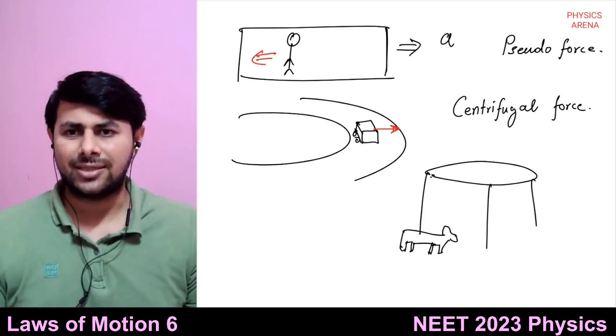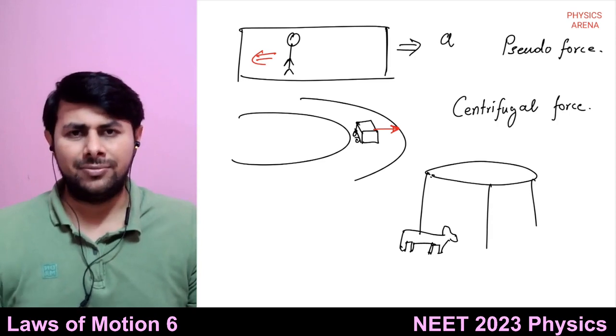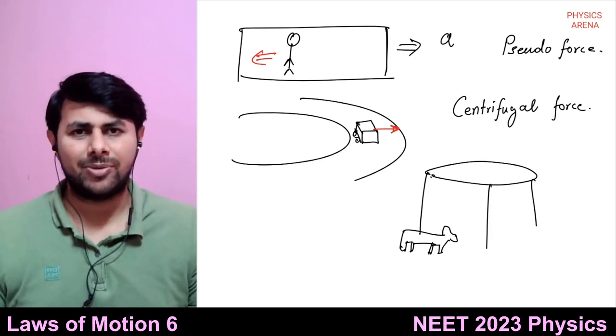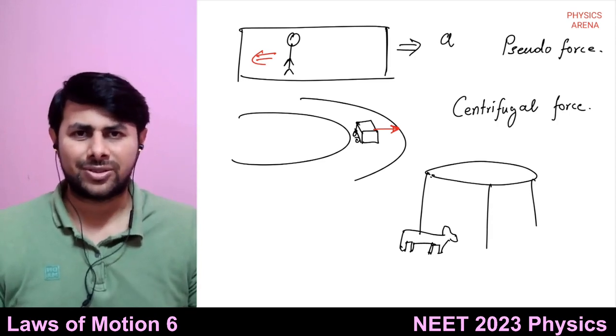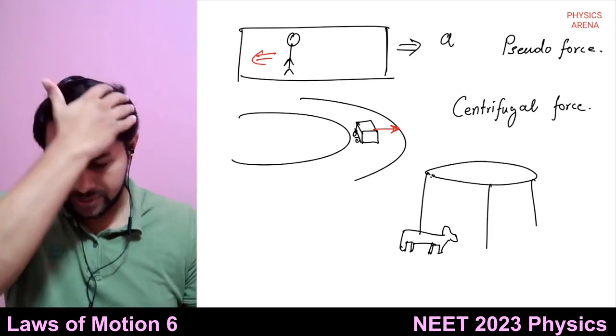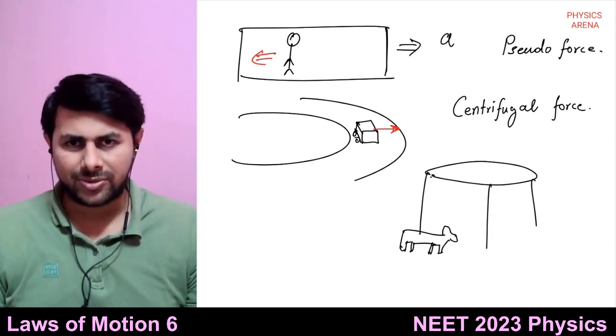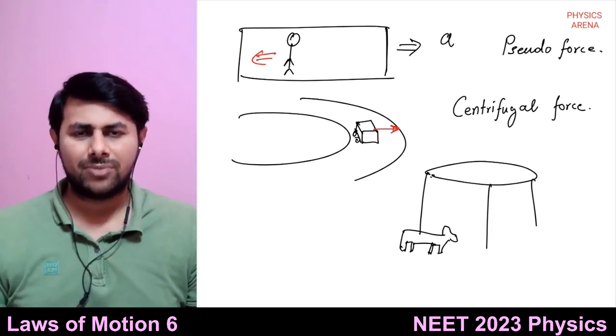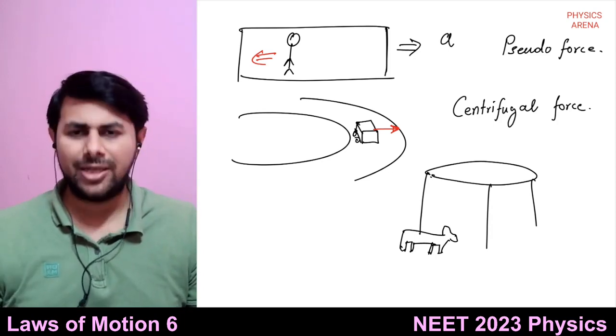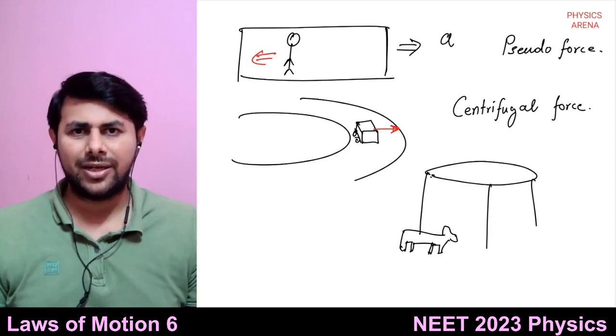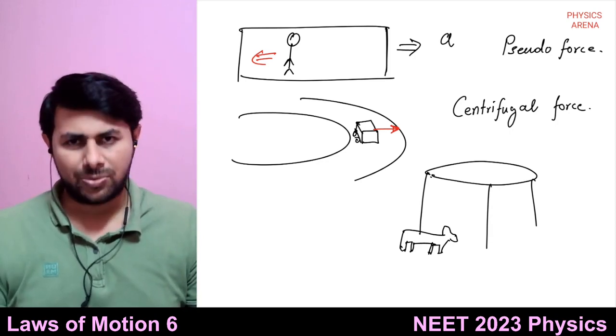This motion is accelerated motion, and Newton's laws are applicable for inertial observers. If a non-inertial observer wants to explain the motion, he has to take the help of pseudo force.